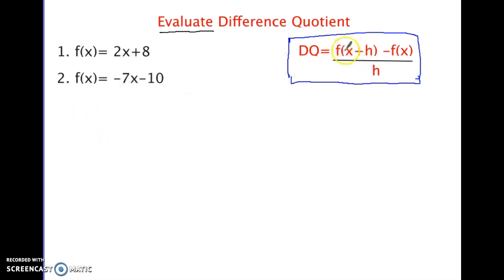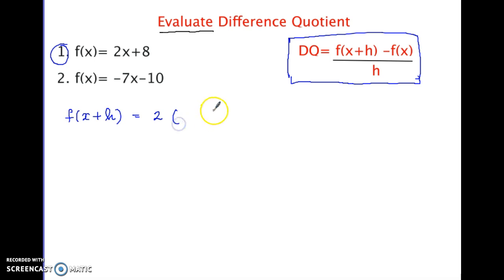In the numerator, you have to find f of x plus h minus f of x. F of x is already given to us here. I'm doing question number 1 first. First you need to figure out what is f of x plus h. That's when you evaluate x plus h in the place of x.